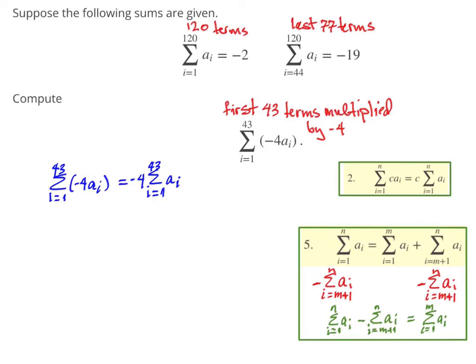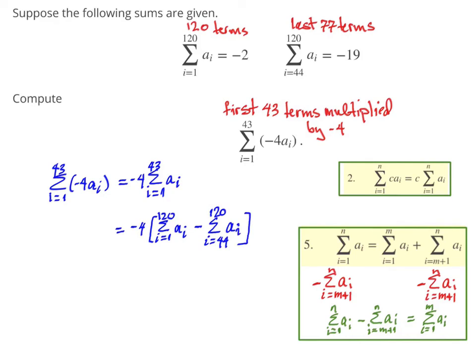So let's apply what we got here to the sum that we have over on the left: negative 4 times the sum from 1 to 43 of a sub i. So we can rewrite the sum from 1 to 43 of a sub i as the sum from 1 to 120 of a sub i minus the last 77 terms, so the sum from 44 up to 120 of a sub i.